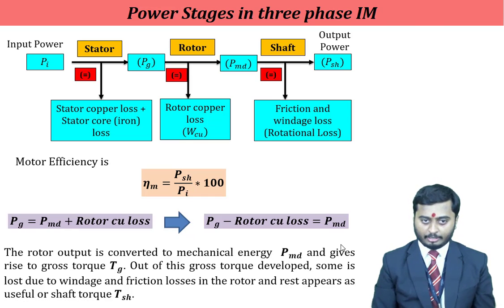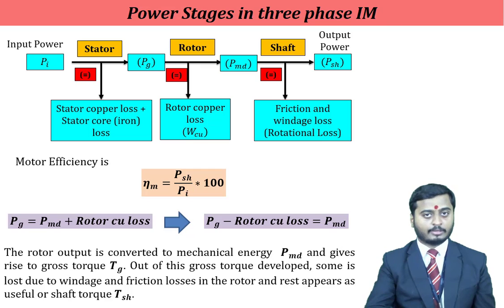This mechanical power developed, PMD, gives rise to a torque called the gross torque. Out of this gross torque, some is lost in the form of windage and friction losses, whereas the other appears as the useful torque required for mechanical action, which is denoted by TSH. So this is about power stages in a three-phase induction motor.